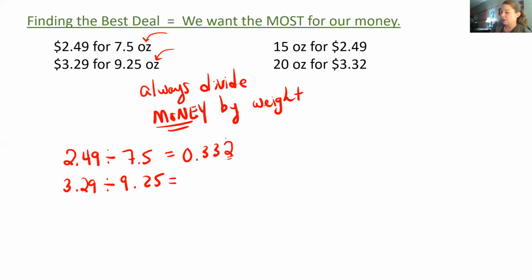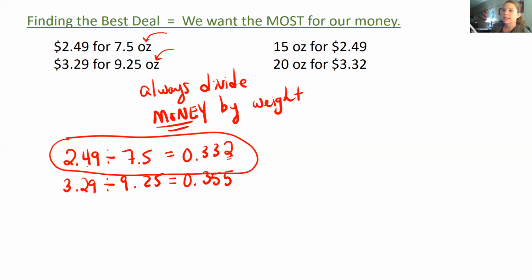Sometimes it's very, very, very close. This one's not too close because this is almost 36 cents per ounce. So for the same product, whatever it is, you're actually going to save money per ounce if you buy the one that's $2.49 for 7.5 ounces.